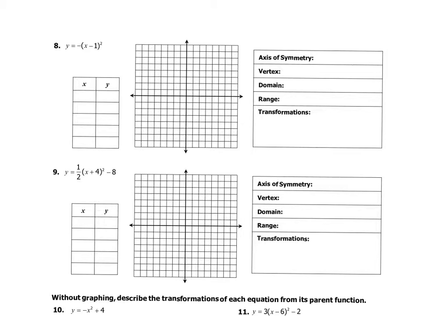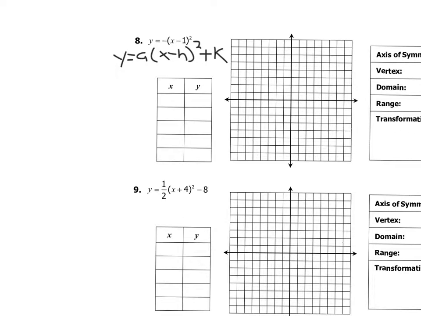All right, so now we have a quadratic that's in vertex form. So remember, vertex form is y equals a times (x minus h) squared plus k, where h comma k is your vertex and your axis of symmetry is going to be x equals h, right?